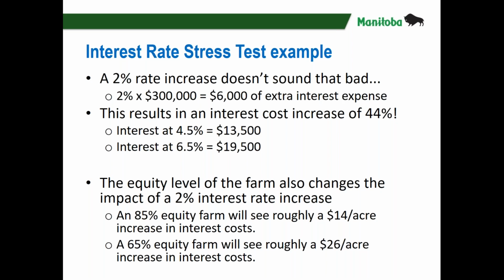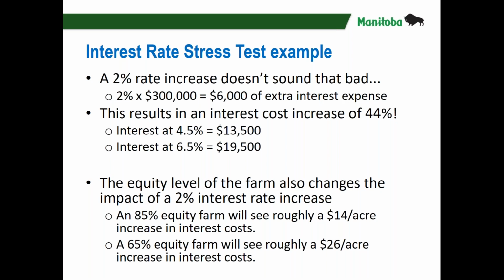So it's like there's that 5% rule that I'm sure many of you have heard of, that if you can make 5% improvements or cut 5% here and there, it has 100% or even 1,000% impact to things. Well, interest rate kind of works the same way, where it sounds like it's not a big deal, but it can be a big deal. And it's a very big deal on farms that are a little bit lower in equity.